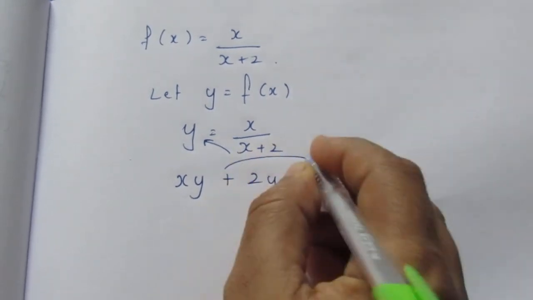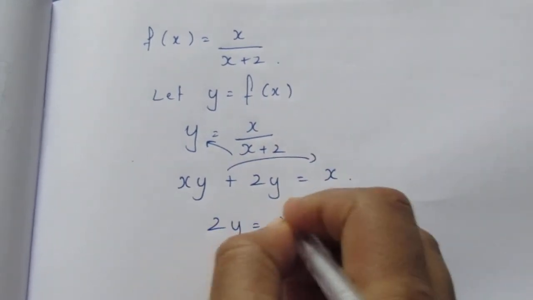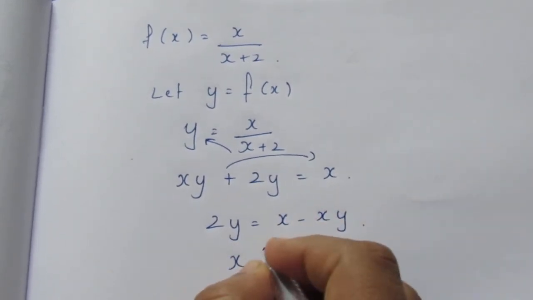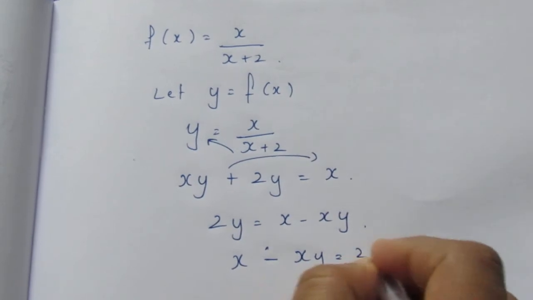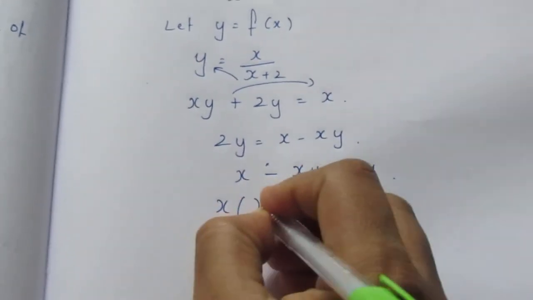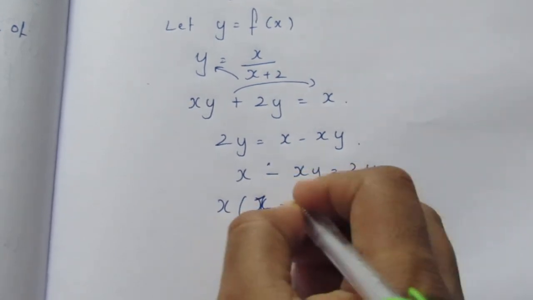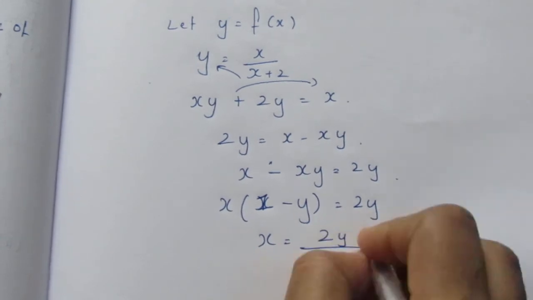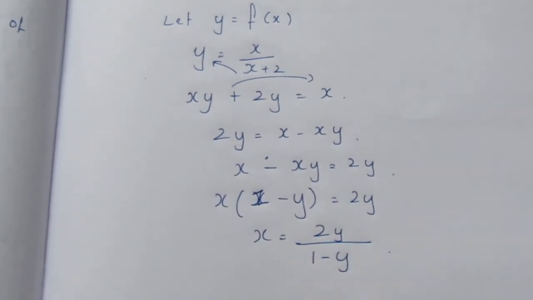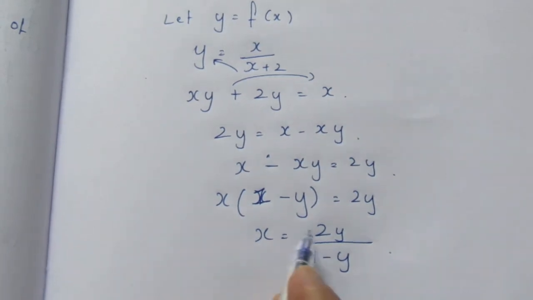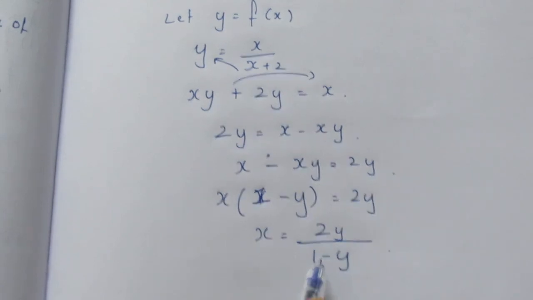Bring x to this side, so it becomes 2y equal to x minus xy. If I take x common, it becomes 2y equal to x into 1 minus y. So x is equal to 2y by 1 minus y.